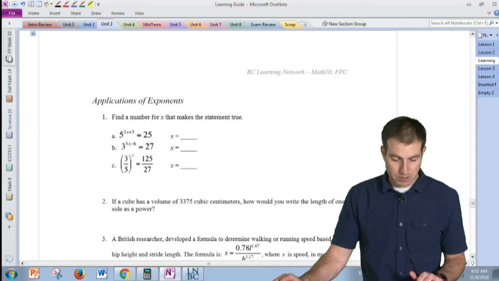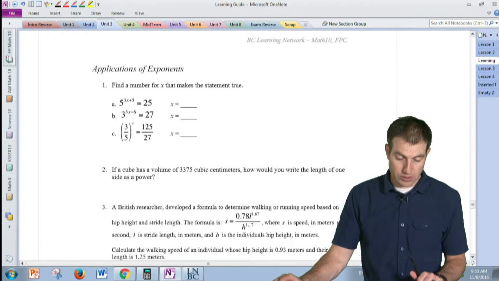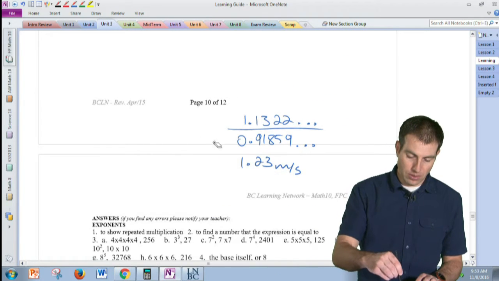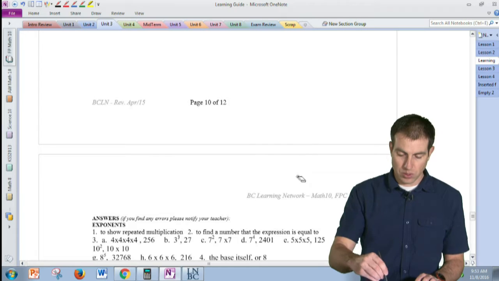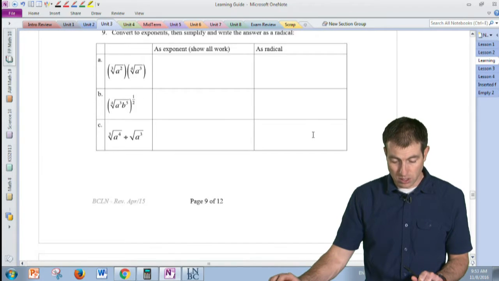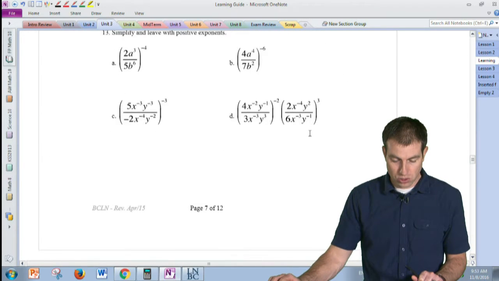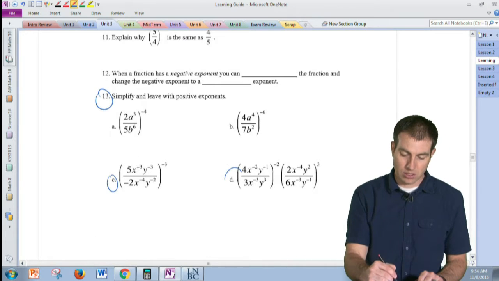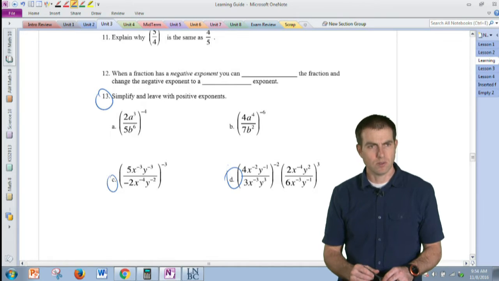Applications of exponents is kind of what we just did, so there are a few questions to go through. The hardest ones are going to be on page 7. Number 13, C and D, obviously those have a lot of steps involved.